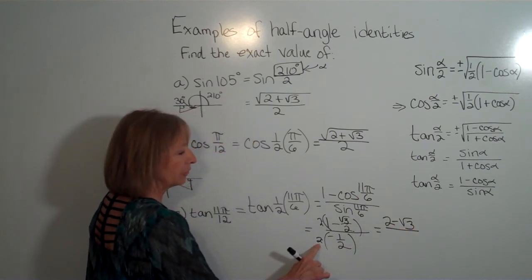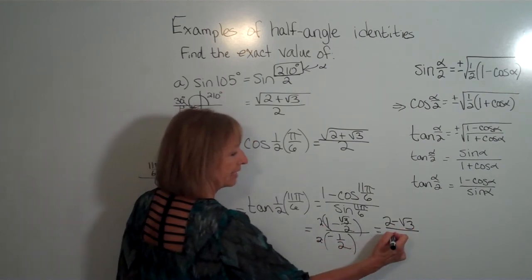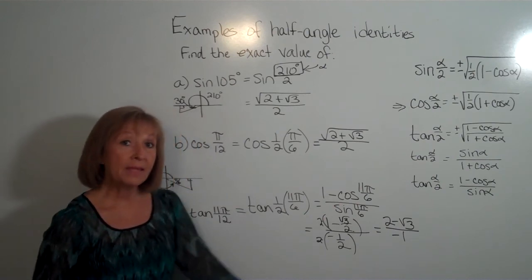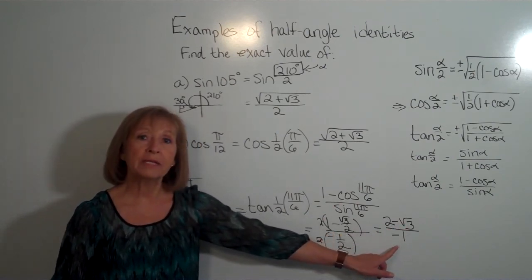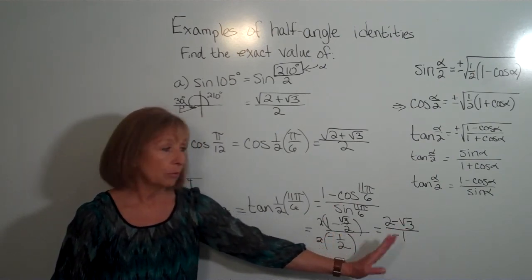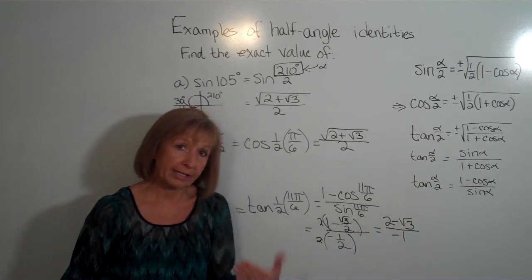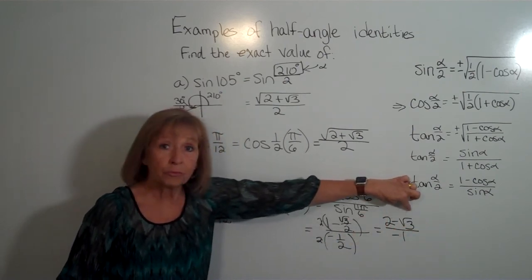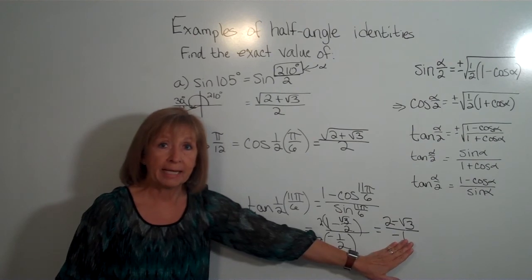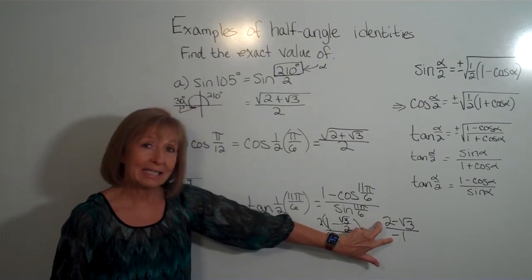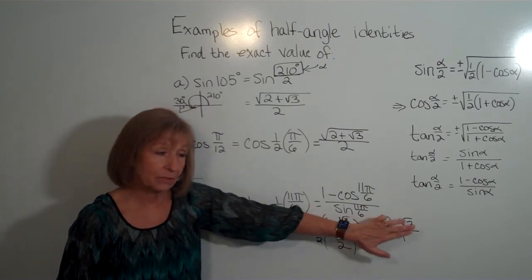And then in the denominator, 2 times negative a half is negative 1. And then when I take 2 minus the square root of 3 and divide it by negative 1, remember you can break those up as 2 separate fractions over a multi-term numerator and a monomial denominator. So I can think of this as negative 2 plus the square root of 3.